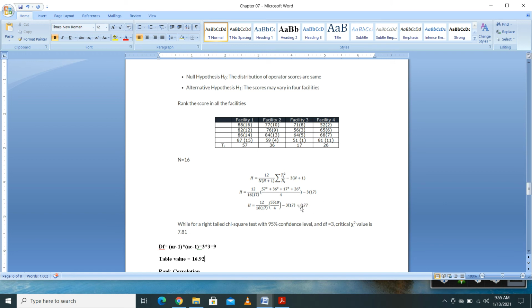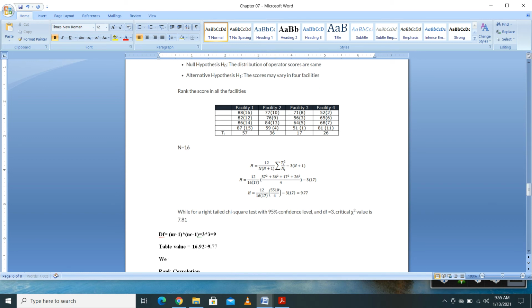Here we can see our test statistic is less than 16.92. That is, we do not have enough evidence to reject H0. That is, there is no difference between these training facilities. This one is wrong, the degrees of freedom and the chi-square value, but anyway, you saw how to find the degrees of freedom and the chi-square value.